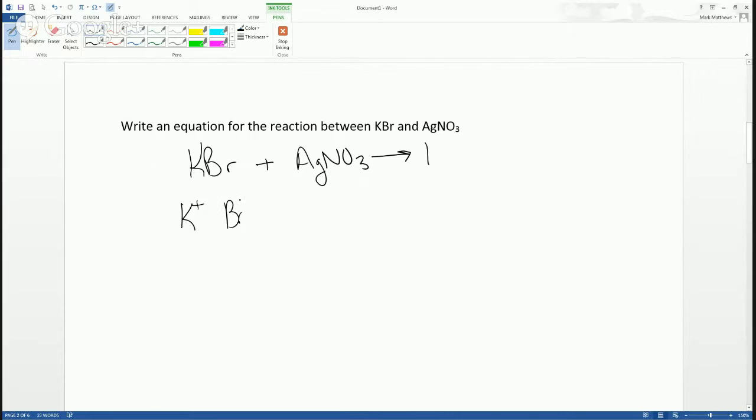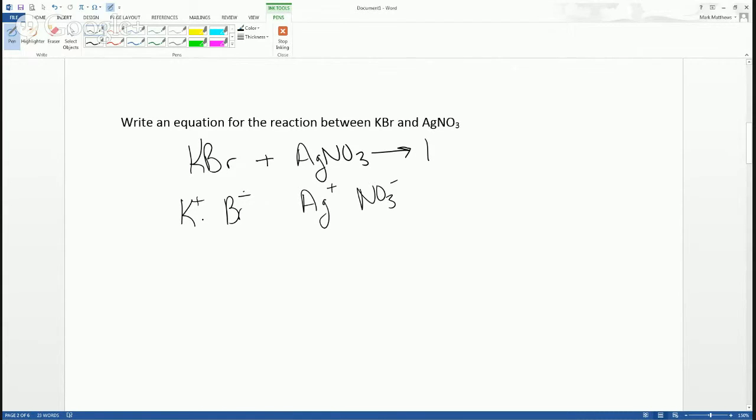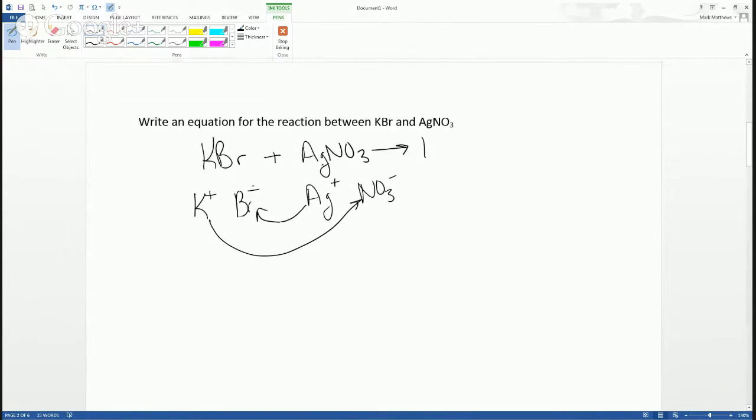Potassium bromide is made up of potassium ion and bromide ion. Silver nitrate is made up of silver ion and nitrate ion. So there's only really one way these two can swap. The cation in one compound is going to hook up with the anion of the other, and vice versa for the other two ions. So potassium and nitrate are going to hook up to give you potassium nitrate, and silver and bromide are going to hook up to give you silver bromide.